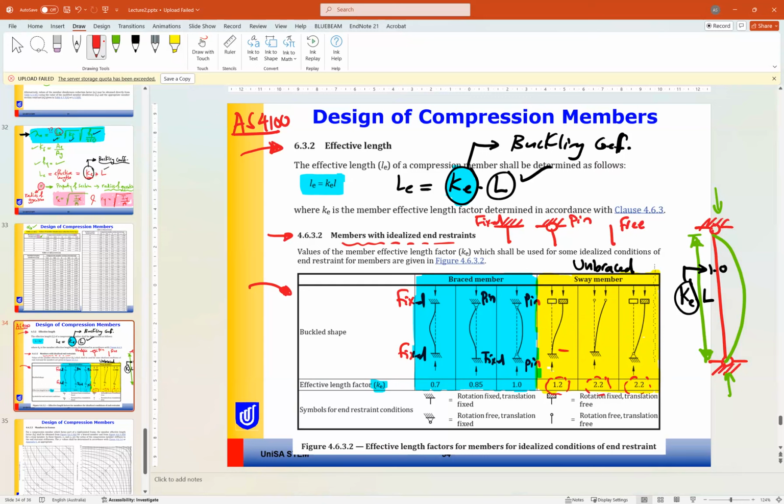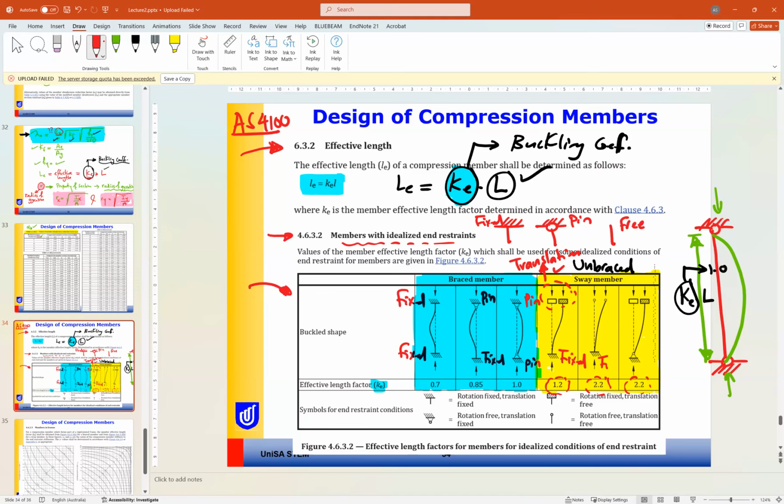If the member is fixed at the bottom, with rotation fixed and translation free at the top, it is 1.2. At this support, translation is allowed, so it can move horizontally, because it is a sway member, and sway member means the member can move horizontally.